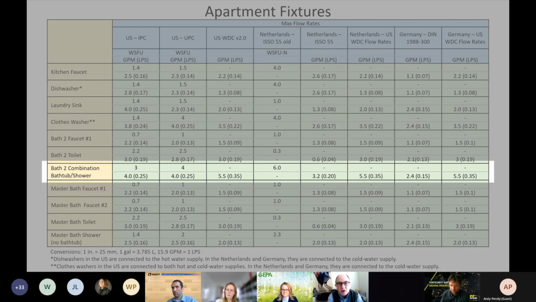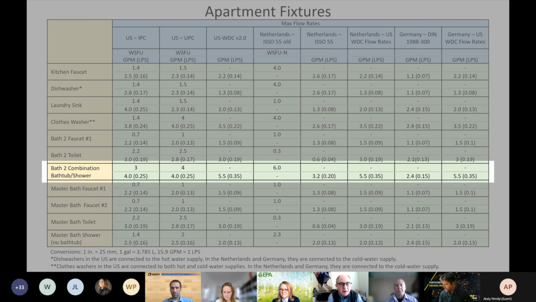Given that we're starting not much above that, I doubt we're going to see that much flow rate coming out of the tub shower valves today. If you have a standard standalone tub without the anti-scald protection inside the valve set, there's much less pressure drop. It's a hole, right? And you'll get higher flow rates. But the combination tub shower valves that we're using today, we won't see that high a flow.